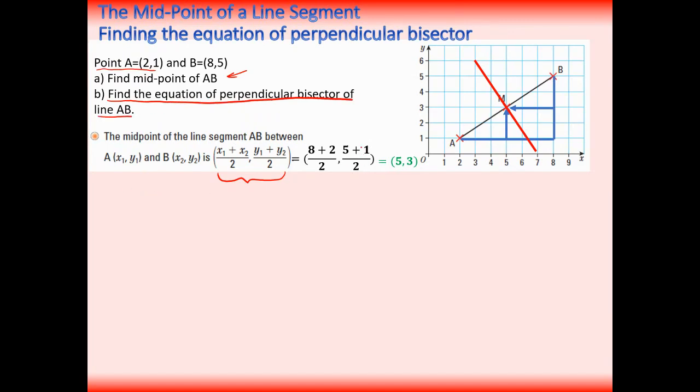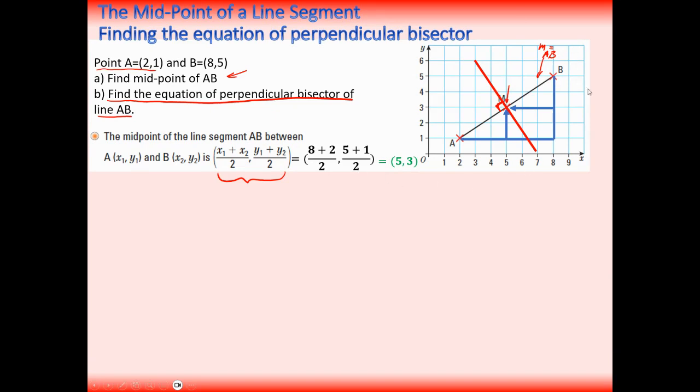Right, so now we're going back to figure out the gradient of A to B, and then we're going to figure out the perpendicular gradient. This perpendicular line, the red line, is perpendicular to AB, right? Perpendicular bisector. Alright, so what's the gradient of A to B?